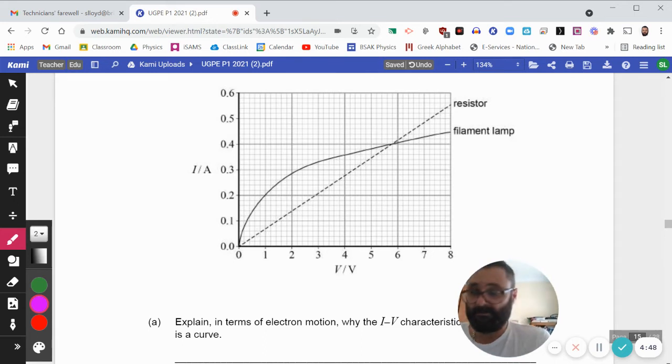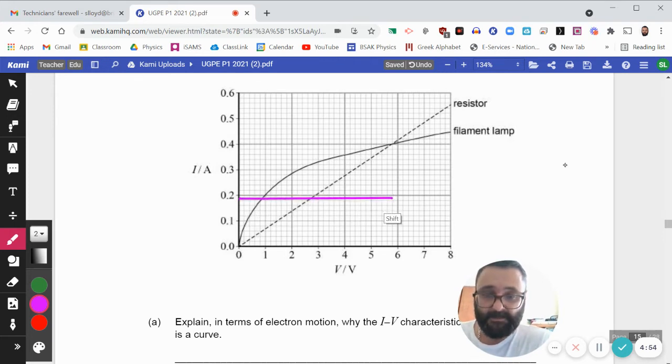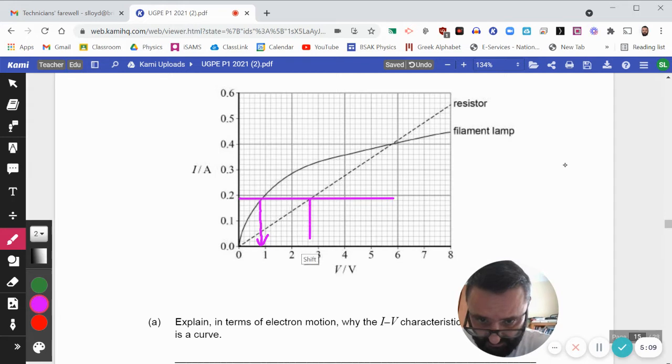Wonder why it was looking unfamiliar to me. Right, a current of 0.18 is there. Now that's going to give us a voltage across the bulb of there, and a voltage across the resistor of there, isn't it?